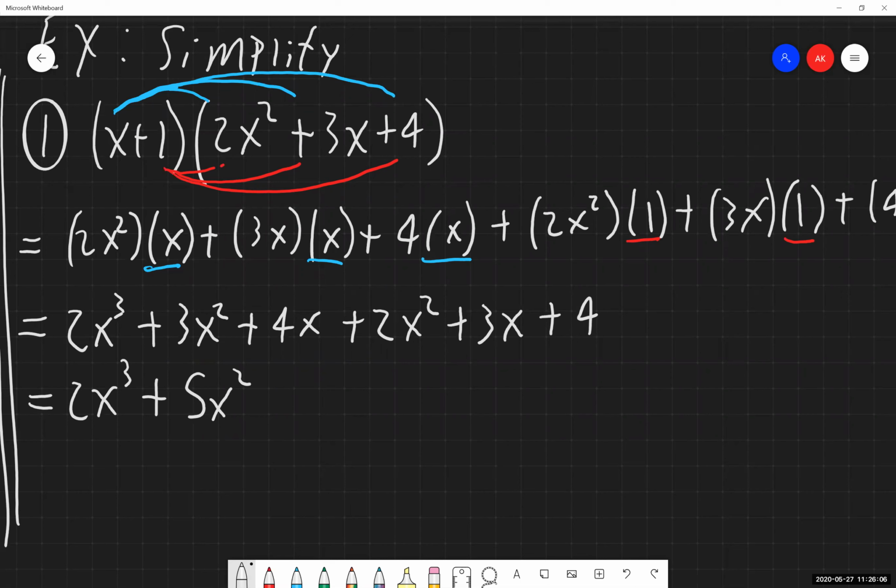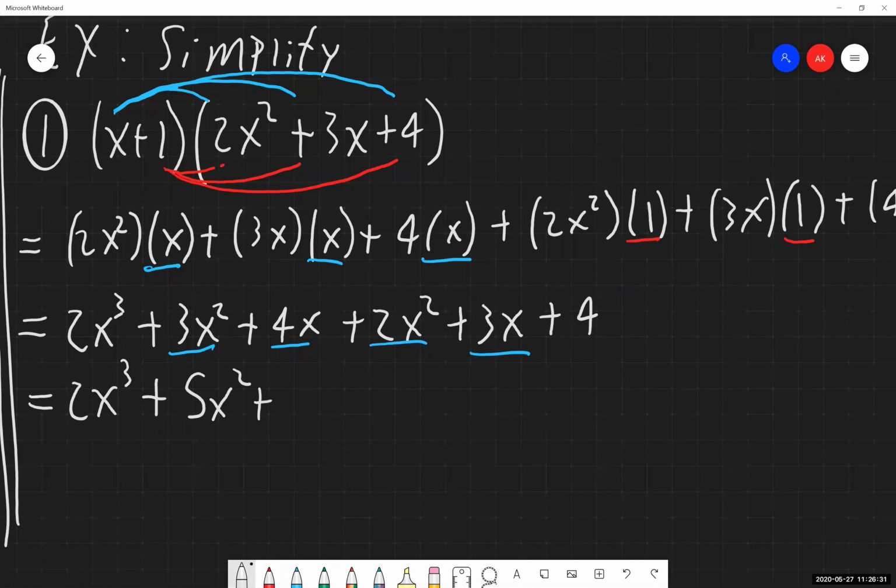Remember to combine like terms with variables, the variable and all of the exponents must be the exact same. And if they are, then I can add or subtract the coefficients together, the numbers up front. So I have the x squared terms we brought together. I have x terms, which we can also bring together.